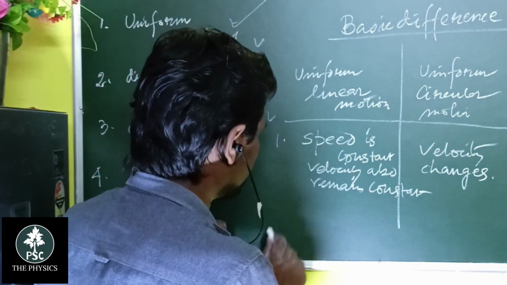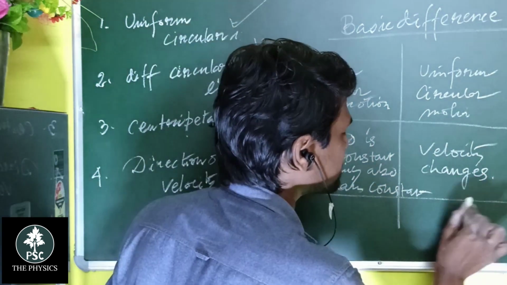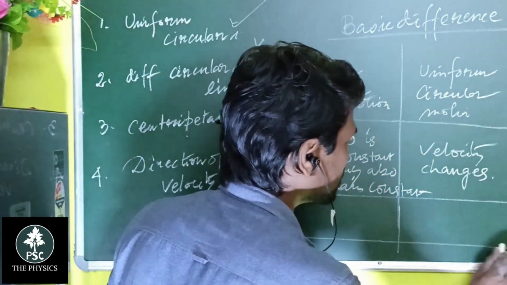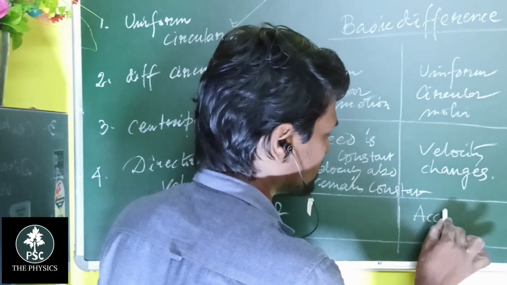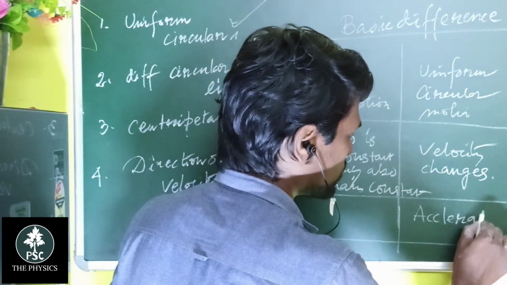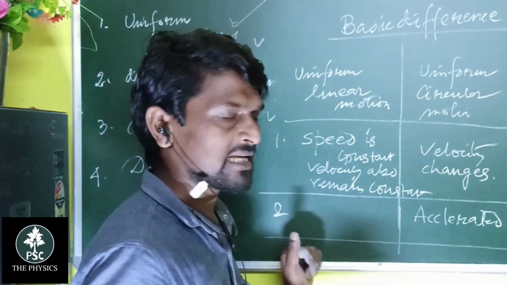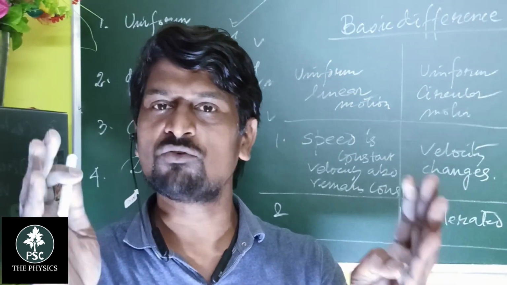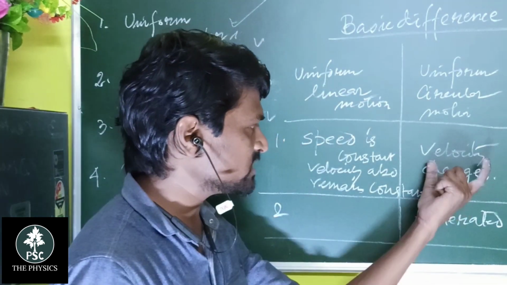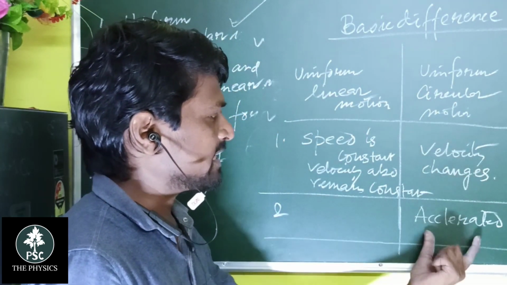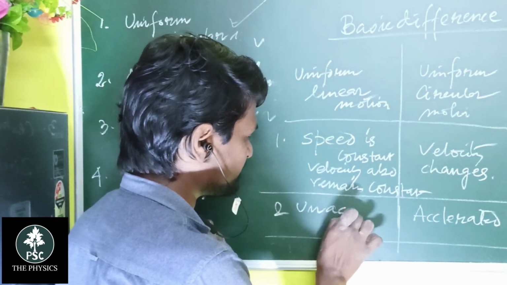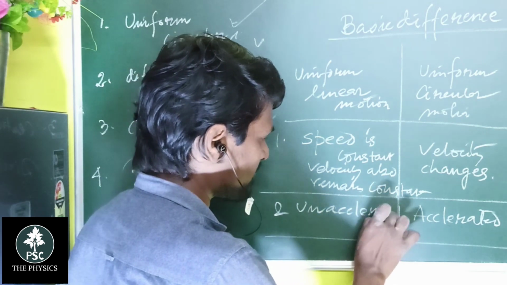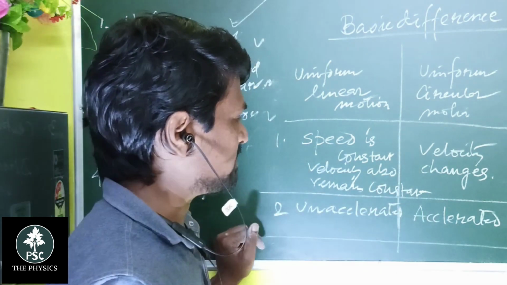Since velocity changes, we can say that this is accelerated. What is acceleration, students? The rate of change of velocity is called acceleration. Since velocity changes, it is accelerated motion, and the other is unaccelerated. So this is the basic difference.